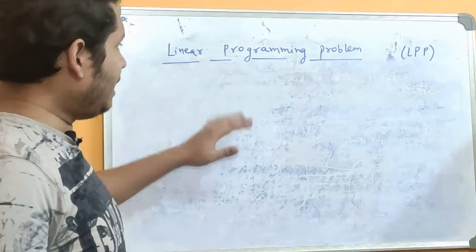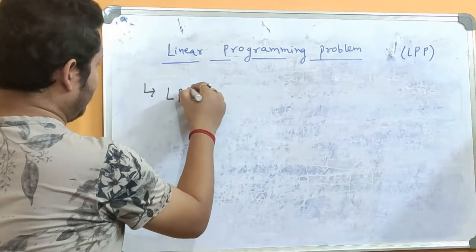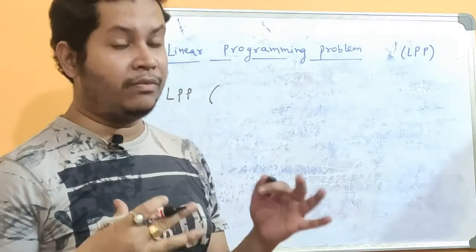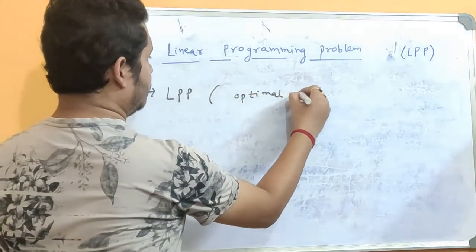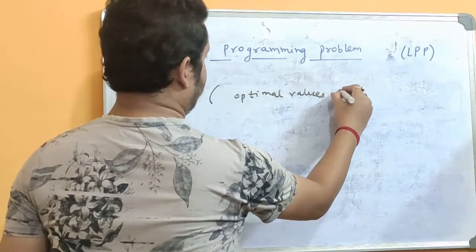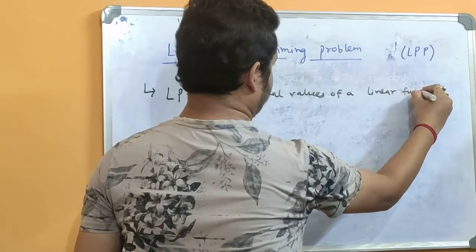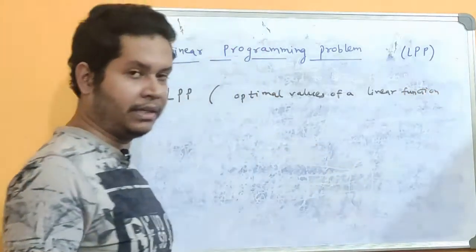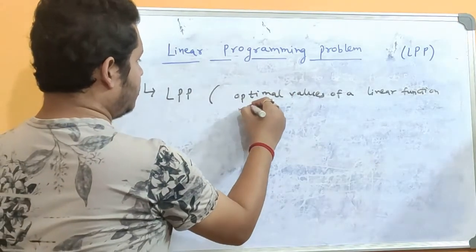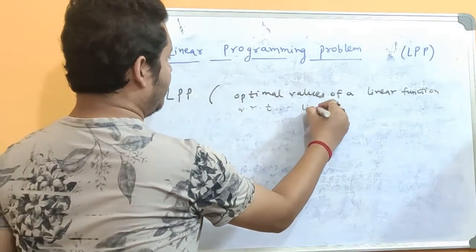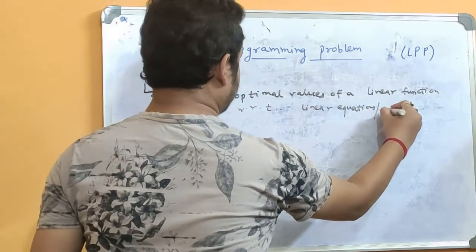Now, whenever we are talking about LPP, always keep in mind that LPPs are the problems in which we find the optimal values of a linear function, which we have referred to as the objective function, like when we were discussing earlier, with respect to linear equations or inequalities.